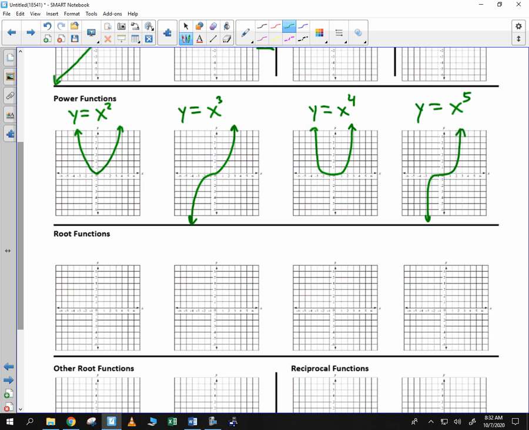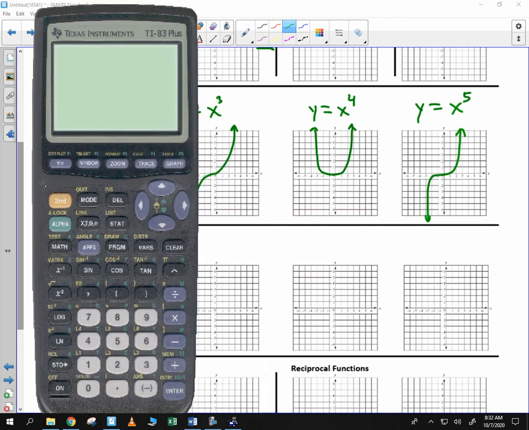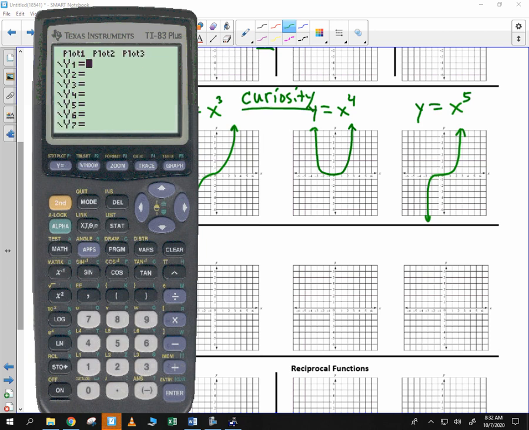In fact, it's a great opportunity to investigate with your calculator. If you want to grow as a mathematician, one thing that's important to develop is curiosity. And I think that just having that curiosity of what happens if we change this is such a great way to understand mathematics better.